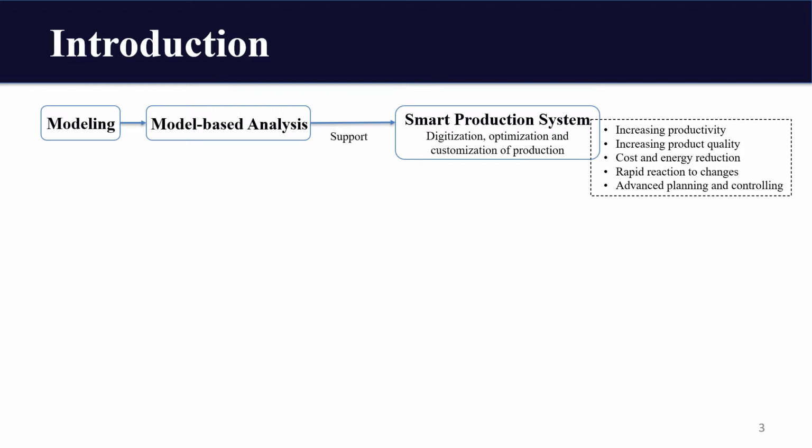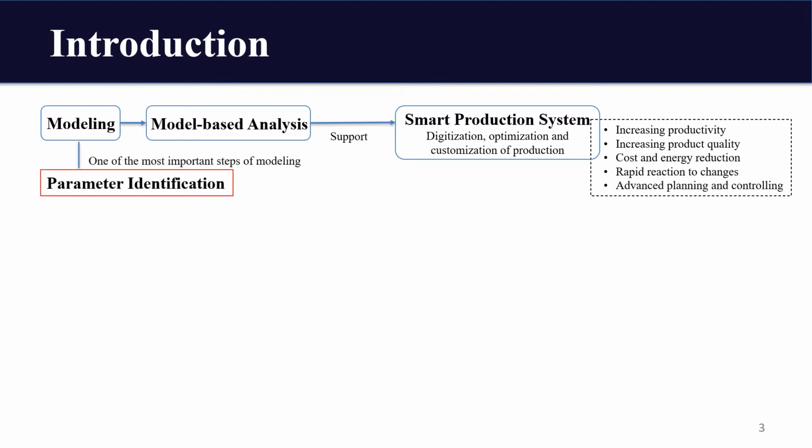So, using the models, we can make decisions to optimize the production process for different kinds of objectives, such as increasing productivity, increasing the quality of production, allocating resources to reduce the total cost and energy, rapid reaction to changes, advanced planning and controlling, and so on. Thus, modeling is essential to model-based analysis and to smart production systems.